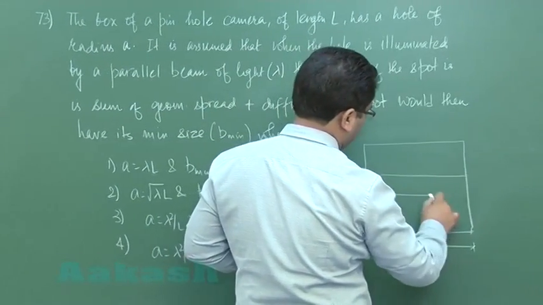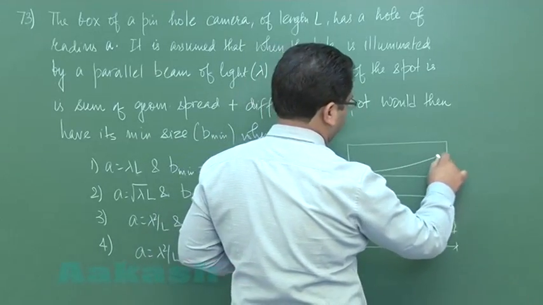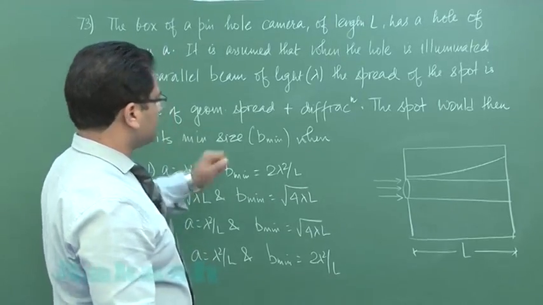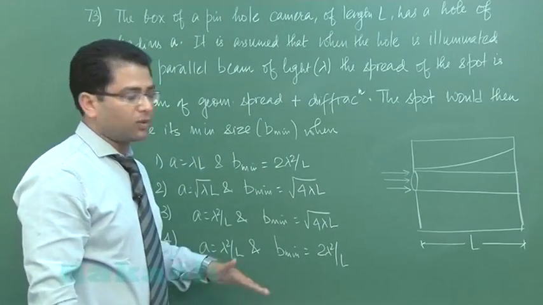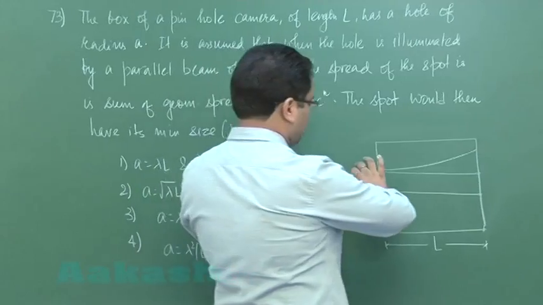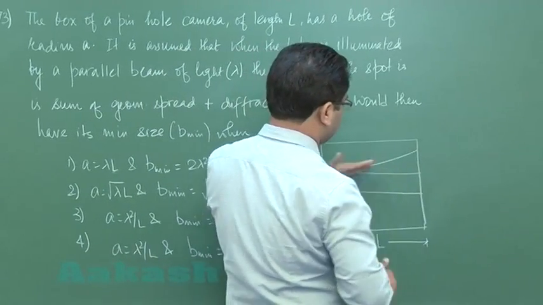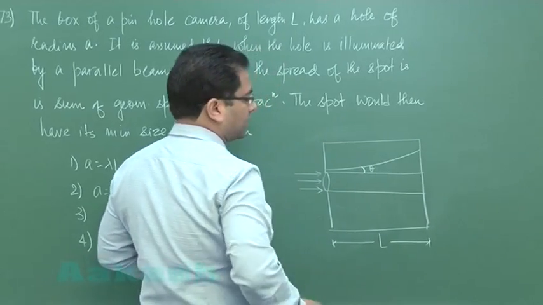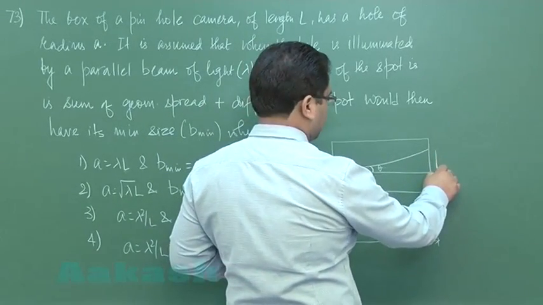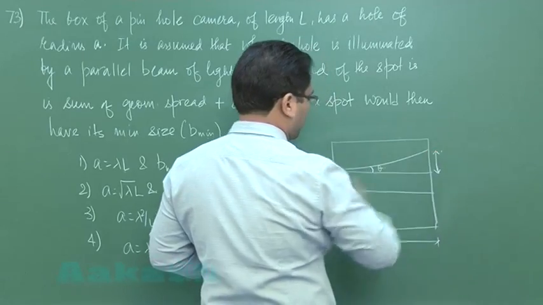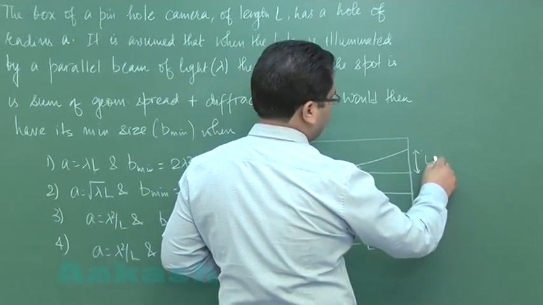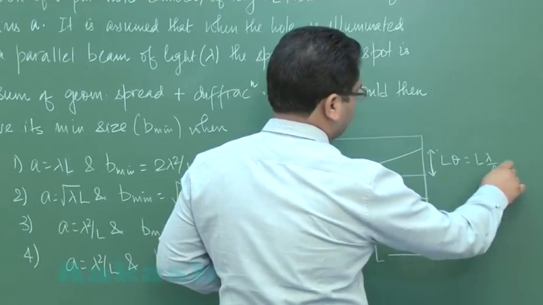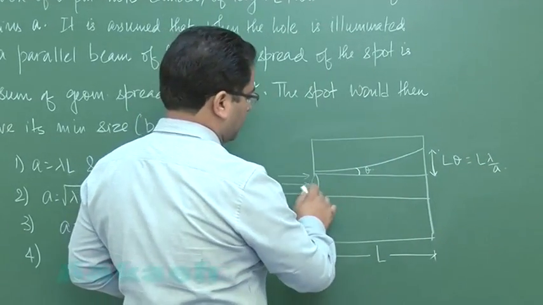So something like this. Now the spot would then have its minimum size when the condition is required. So here see, this is the regular ray optics part and here is that spreading. So if I call this as theta, this particular distance quite obviously would be equals to L times theta, and that would be L lambda by A by the simple use of diffraction formula.